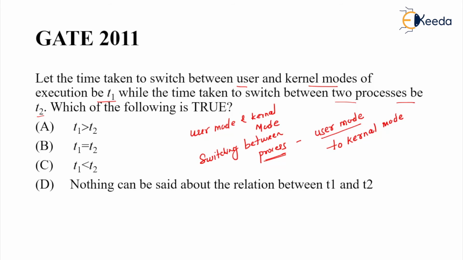There is a short-term scheduler and there is also a dispatcher, so switching between the processes requires intervention from the kernel or operating system. You have to go to the kernel mode for executing the short-term scheduler, right? So definitely T1, the time for switching between the modes, will be smaller than the time for switching between the processes.